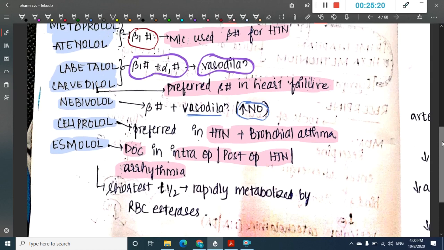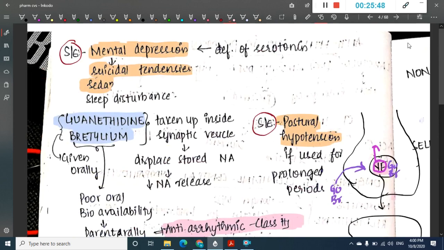The intraoperative or post-operative hypertension or arrhythmias which the patient has are short-lived. They are temporary, not permanent. They are due to changes in the metabolic consequences in the body, and because of these temporary effects, we can give this short-acting beta blocker, that is esmolol. So this is about beta blockers.